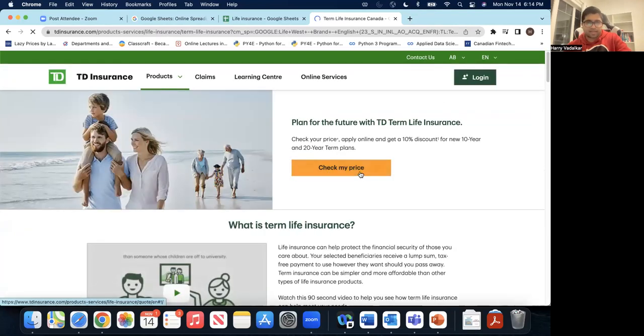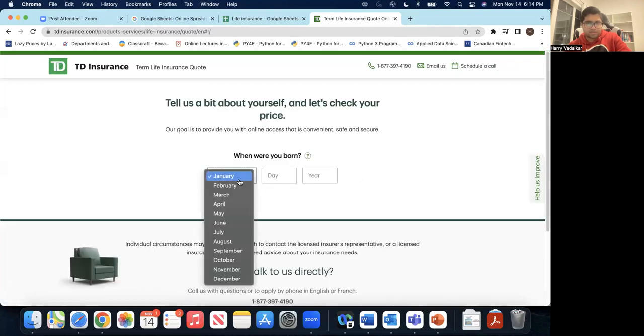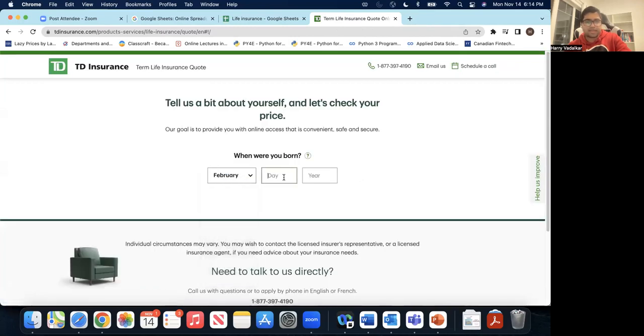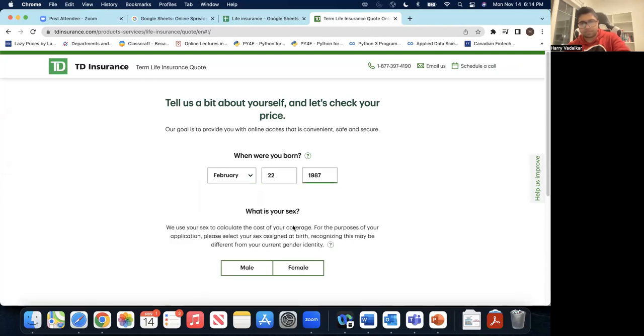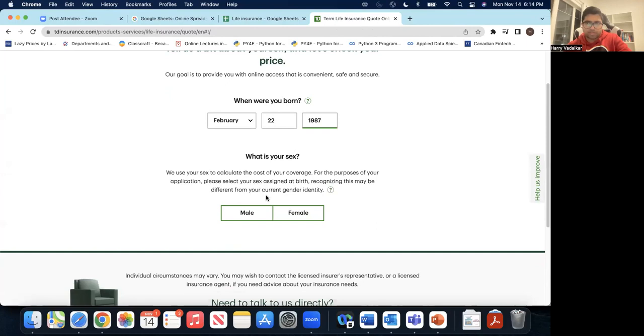You can say check my price. You have to put in your date of birth, and you have to put in your sex. Generally, males have higher life insurance premiums. The cost of insuring a male is higher.